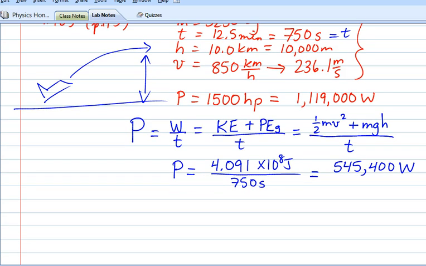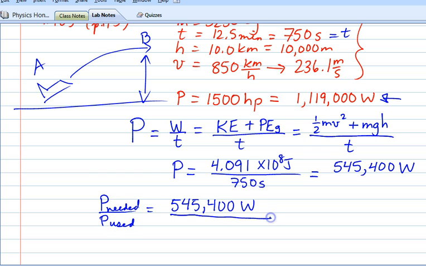Now let's think about this. That's the amount of power that's actually required for the plane to get from takeoff to cruising, from point A to B. But what we're given is that the plane is actually exerting 1,500 horsepower. So one way to judge how good the plane is doing is to take the power that's needed and divide it by the power that's actually used.